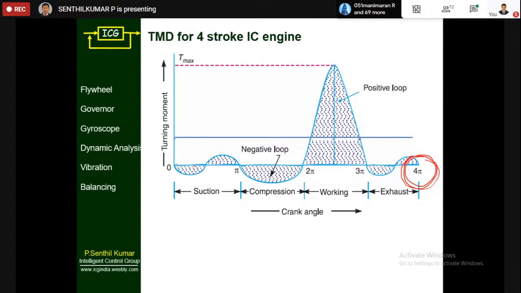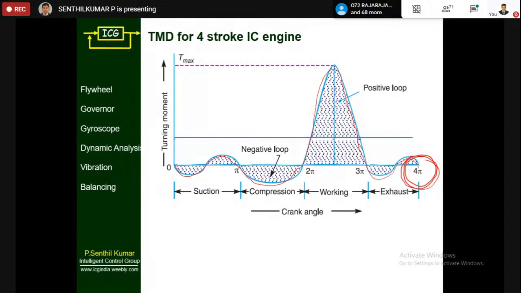Very simple. You see a shortage of energy here, again a shortage of energy, but you see abnormal energy: a lot of energy here during the working stroke, and again a shortage. What will happen when you attach the output of the engine to a wheel?